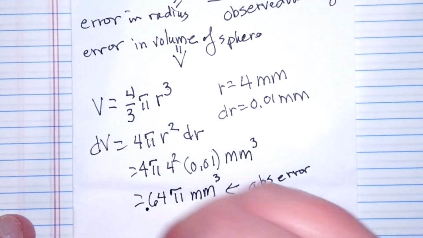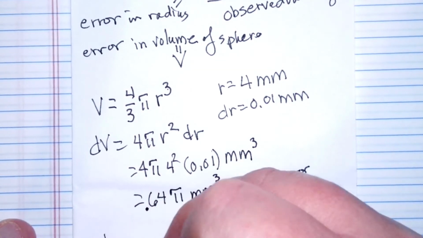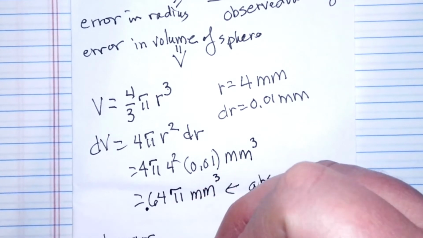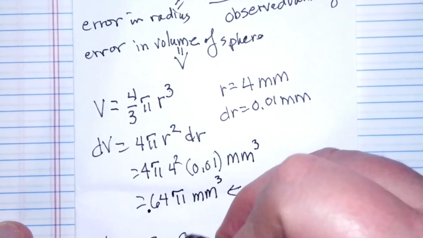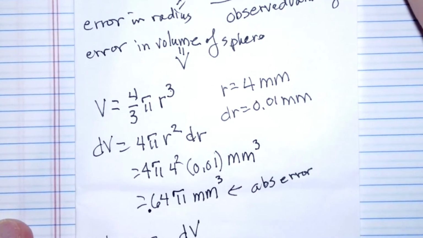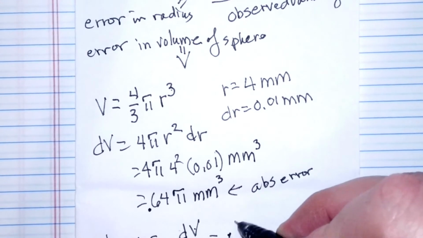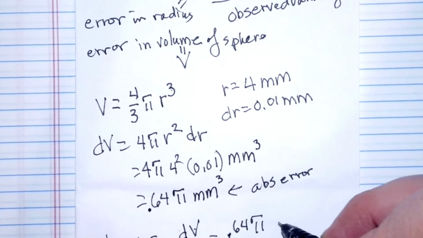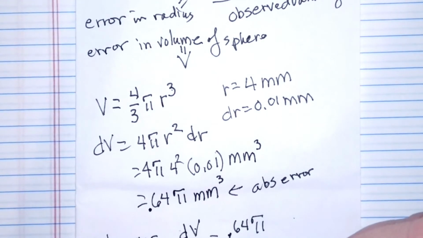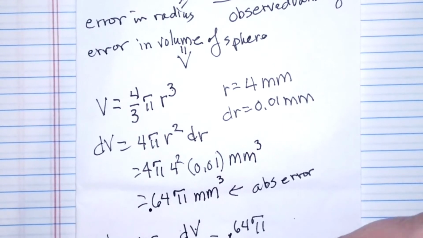Now, what is the relative error? Well, you can think of it as dV over V. It's the absolute error, which we just found, divided by the observed value of V. So this is going to be 0.64 pi cubic millimeters, and then V would be 4/3 pi, and r cubed would be 4 cubed.